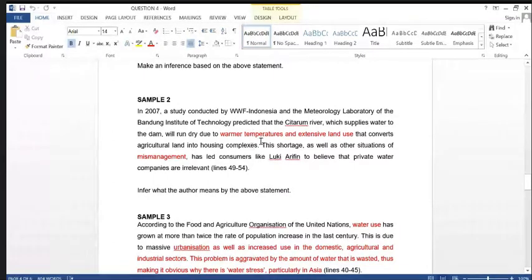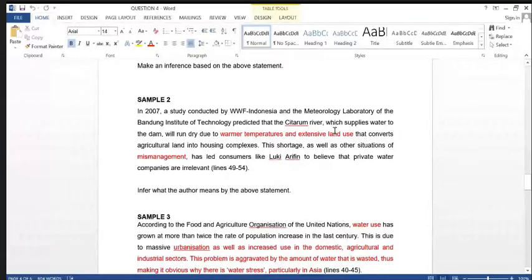Anyway, all right, so based on what is said by this Institute of Technology, the problem of water supply that will lead to the dam running dry is due to factor number 1, warmer temperatures, factor number 2, extensive land use, factor number 3, mismanagement. Right, okay, that has been mentioned here.